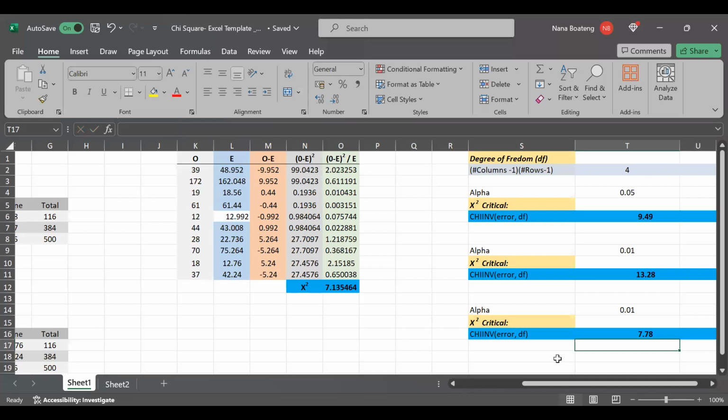So we get 7.78. Even with that, it's still within range.